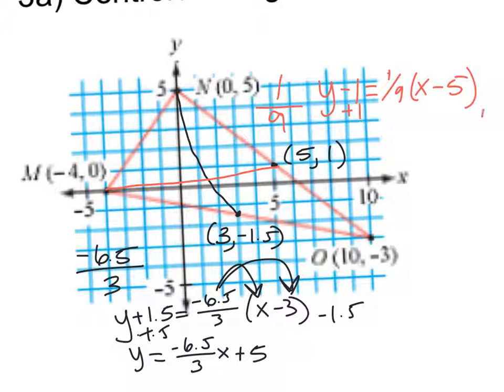So I'm adding 1 to both sides, and I'm distributing. So I get y equals 1/9 x minus 5/9 plus 1. -5/9 plus 1 will work out to be plus 4/9.